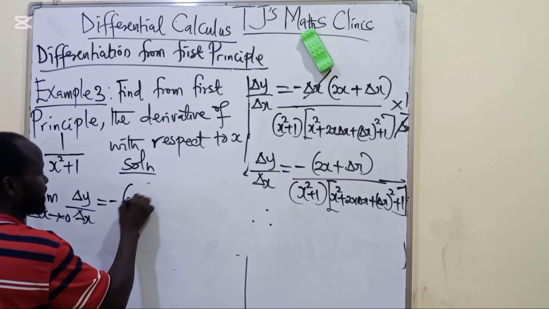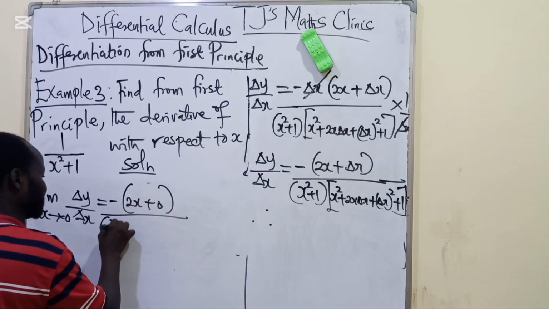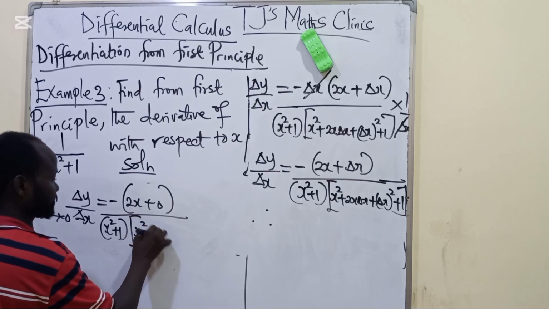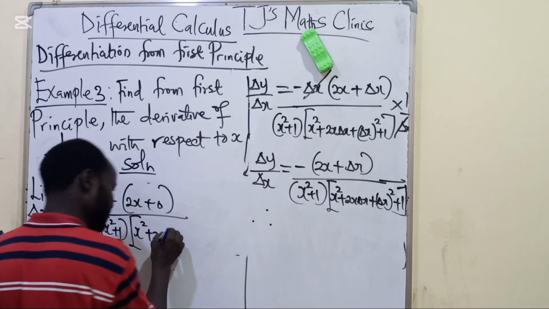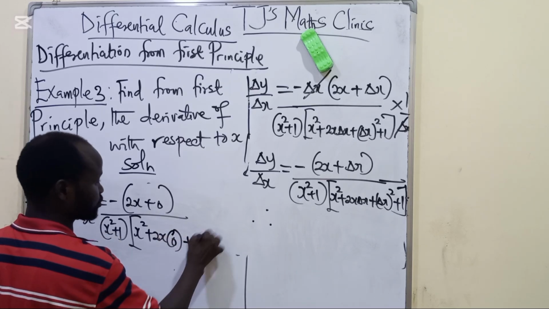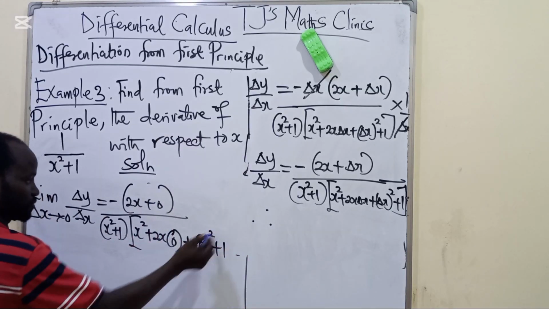So this will be minus 2x plus 0 divided by x squared plus 1. We have our square bracket, x squared plus 2x. In place of this delta x, we put 0, plus 0 all squared, then plus 1. That's in place of this delta x now, it will be 0 all squared.